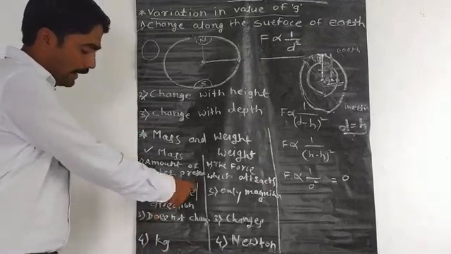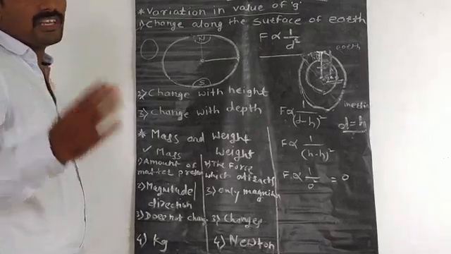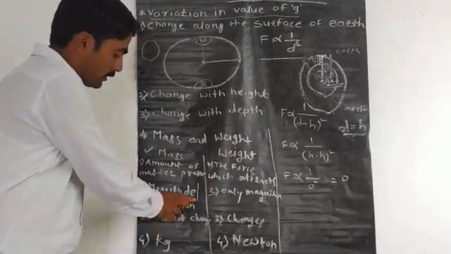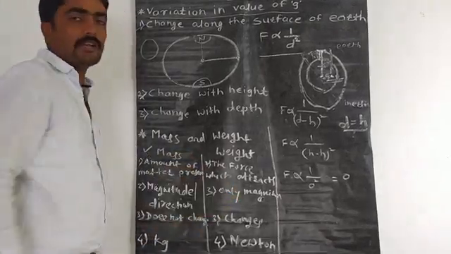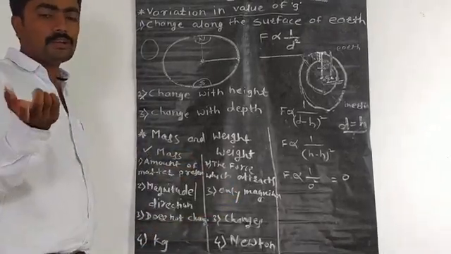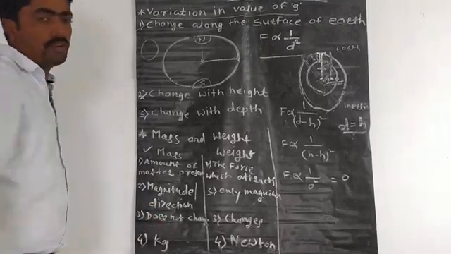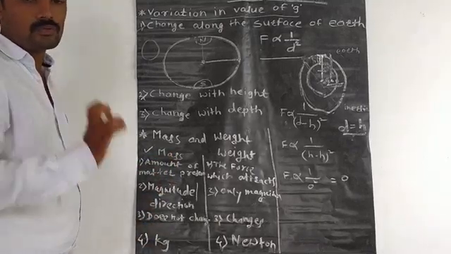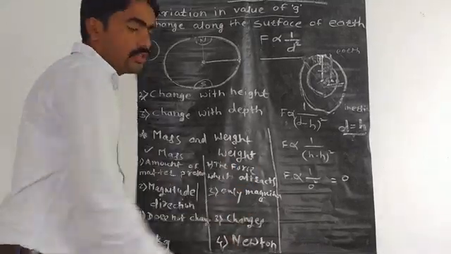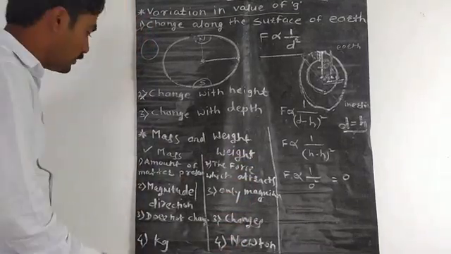As the mass has magnitude and direction, so it is a vector quantity, and weight has only magnitude, therefore it is a scalar quantity. Now third point, it does not change from place to place. Mass does not change from place to place, and the weight changes from place to place.